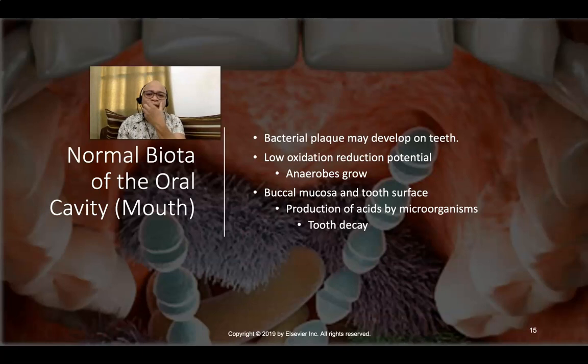So the buccal mucosa and the tooth surface may have microorganisms, and because of the anaerobic respiration, one of the products or metabolites of that anaerobic respiration is acid. And acid may destroy the enamel of our tooth, and that will eventually result into dental caries or tooth decay.